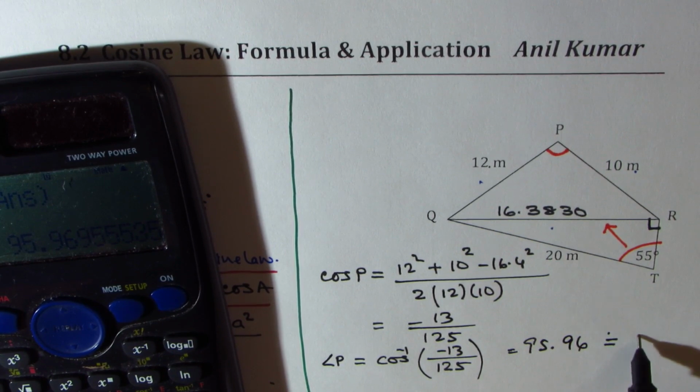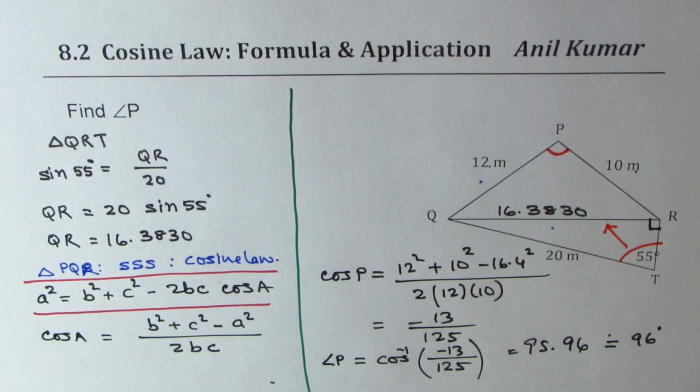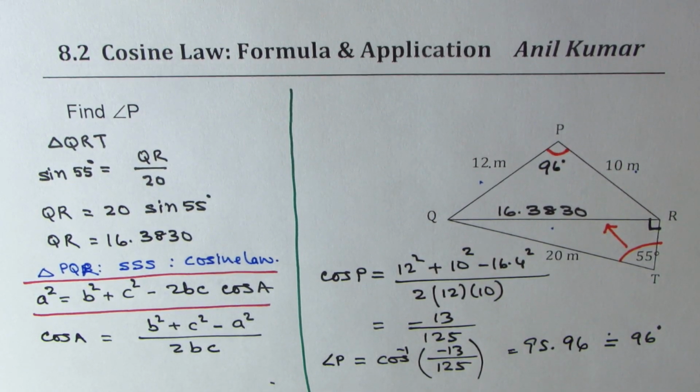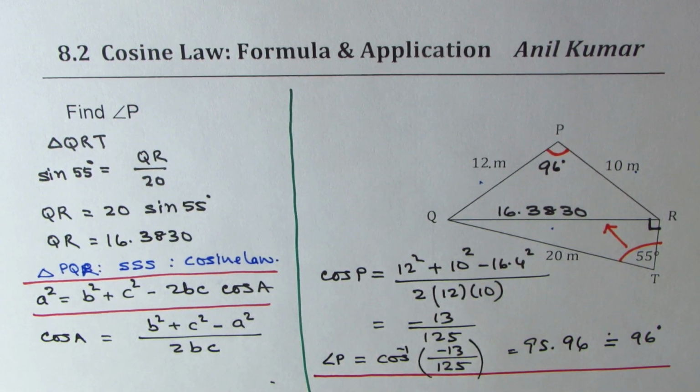So we could say it is 96 degrees. So angle P is 96 degrees for us. Do you see how it was calculated? Remember, even if you get a negative answer, it doesn't matter. The only thing is that the angle is greater than 90 degrees, right? It's an obtuse angle triangle.